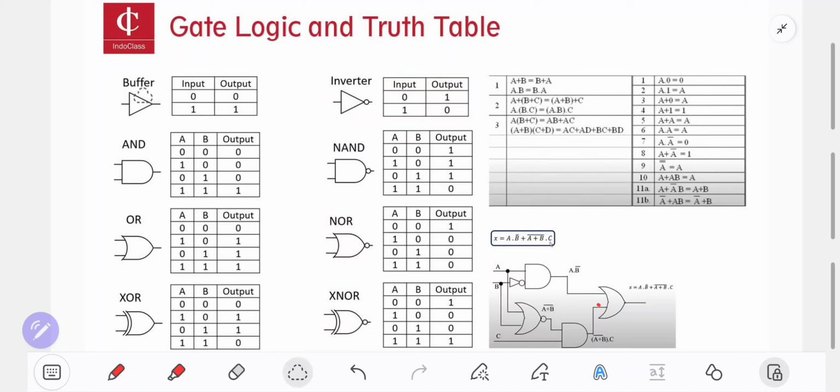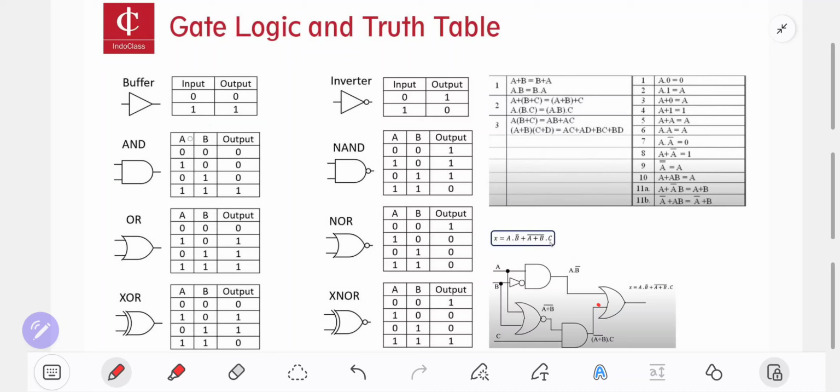Whereas buffer is a normal condition. If input is 0, the result is 0. For the input 1, the output is 1 as well. What do you know about 0 and 1? 0 is the off condition and 1 is the on condition.